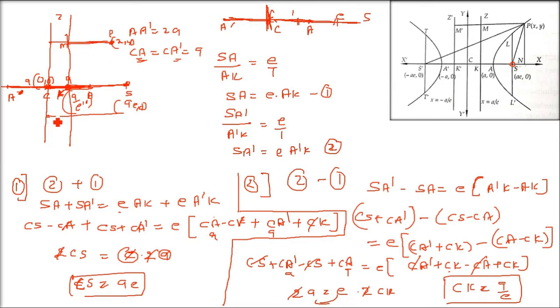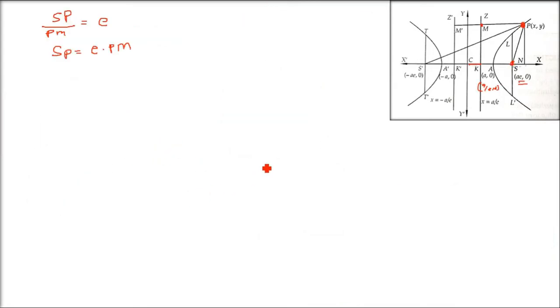And this M distance, I want actually PM. I don't want the distance of P from this origin. The X coordinate, and we have A by E as this point. So total distance is x and CK is A by E. If I want just PM, I can subtract A by E from x. Let me tell you again.